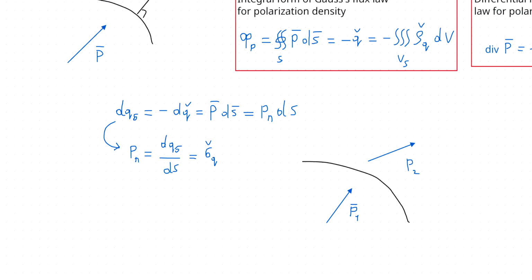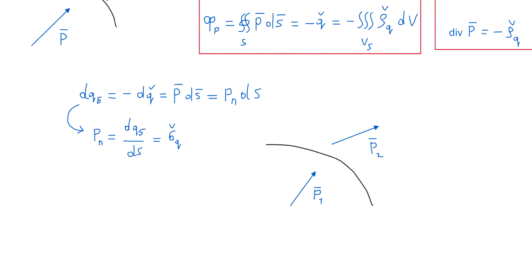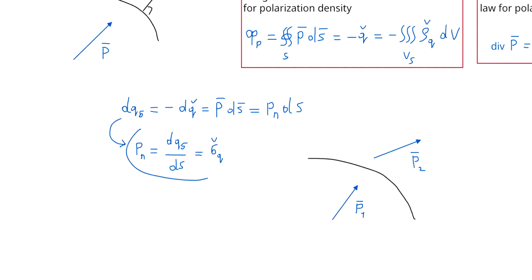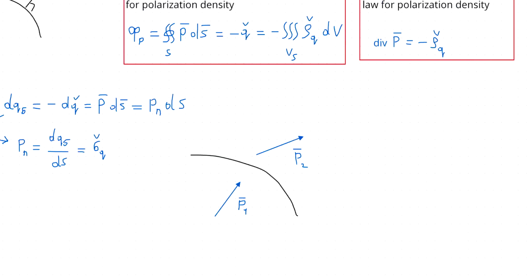And according to this formula, sigma q is equal to P1n minus P2n.